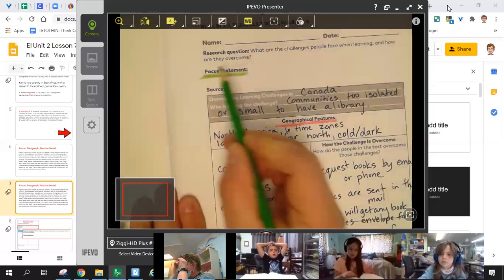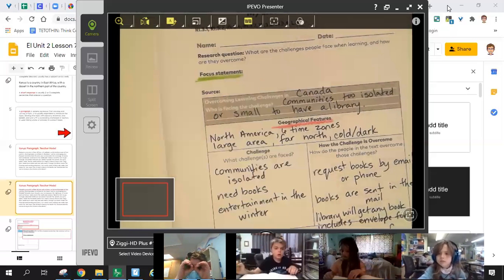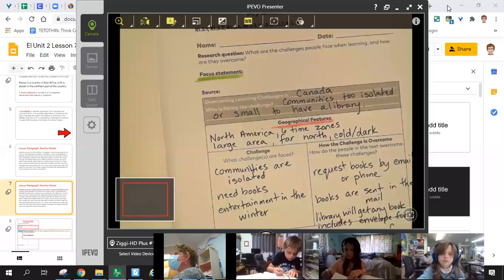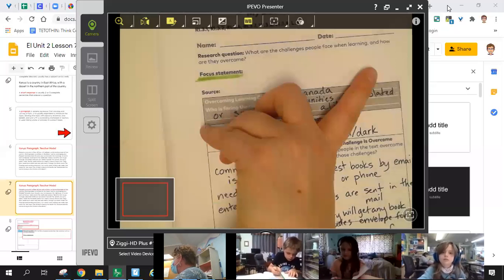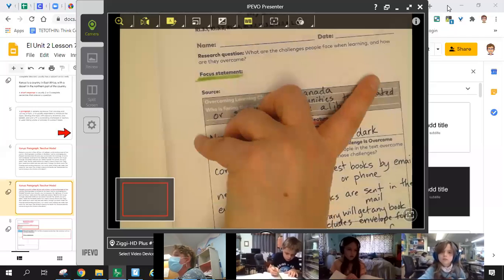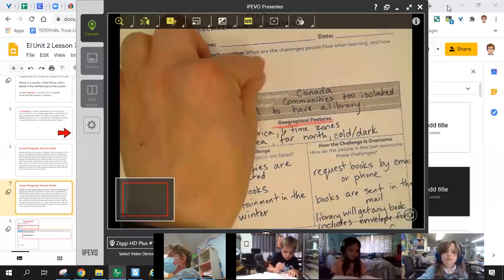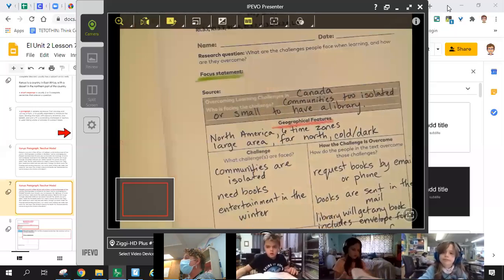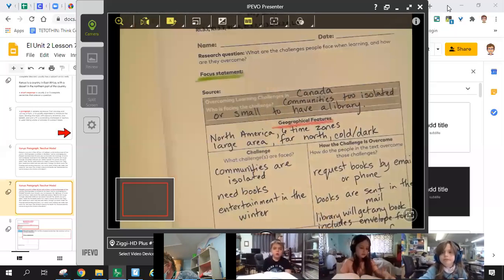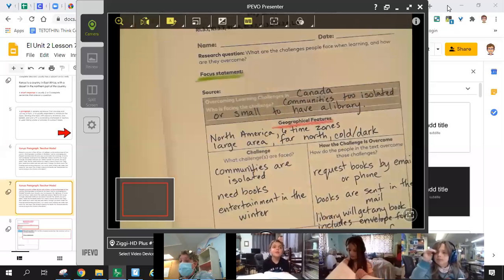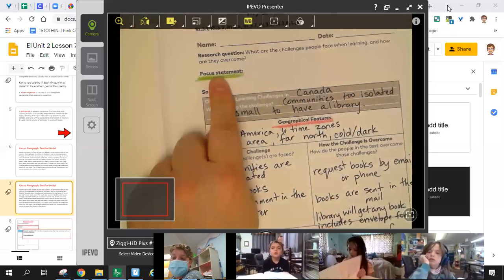We need them to go, zoop, oh, I need to look in there. Now, there's nothing written there yet. But guess what we're going to do today? We're going to write a focus statement in this spot. Not yet, but we're going to. Before we leave here, everybody's going to have their own focus statement already written. So that's one sentence in your paragraph that will already be finished. Okay? So there's our focus statement.